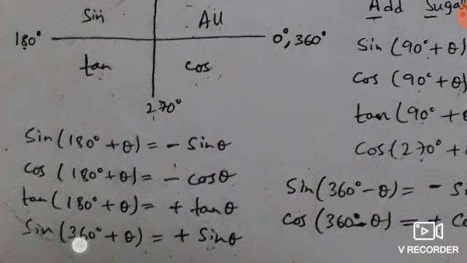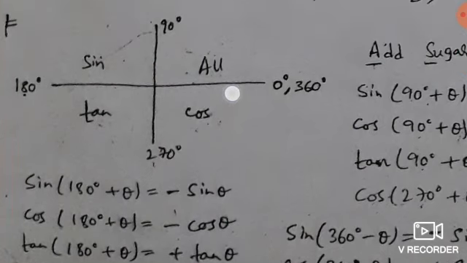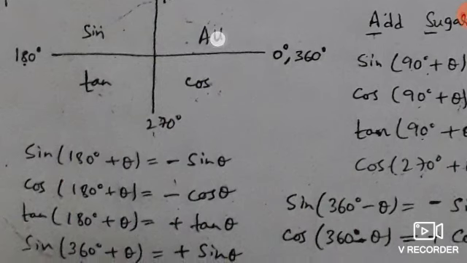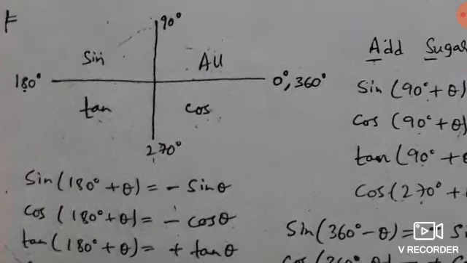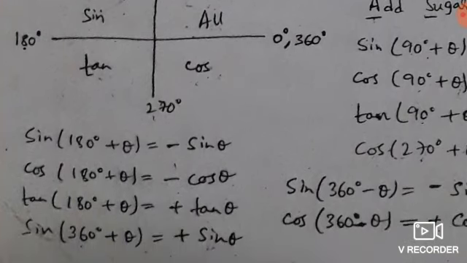Similarly for sin 360 degree plus theta, 360 degree plus theta means first quadrant, where all values are positive, sin, tan, cos, all. So here it will be a positive sign, and 360 degree means 90 into 4, which is even, so it will be sin theta.